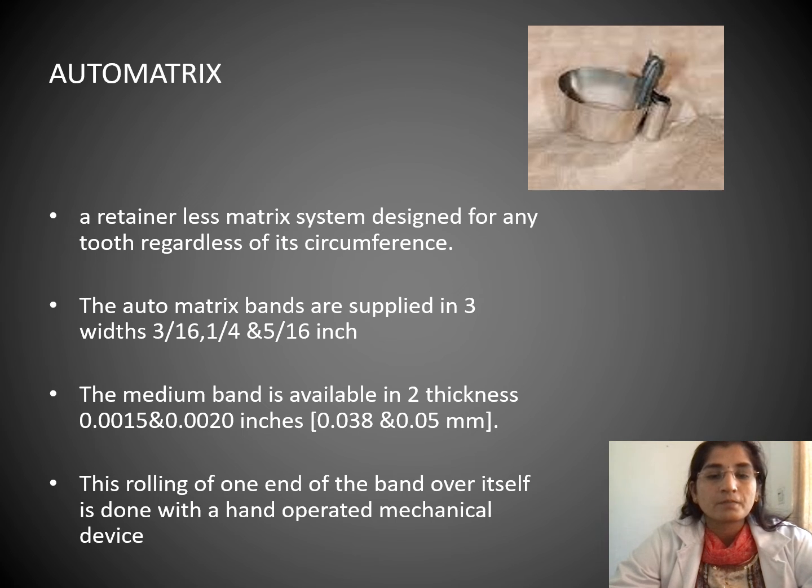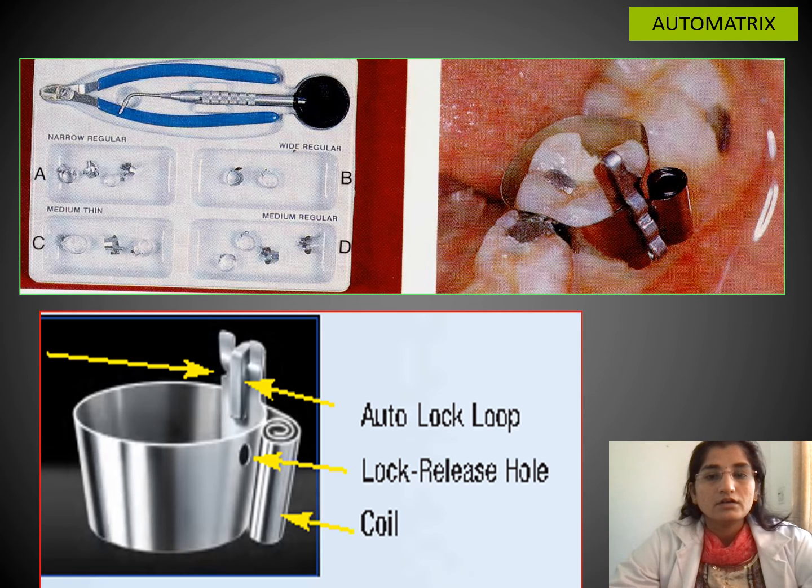The rolling of one end of the band over itself can be done with the help of a hand operated mechanical device. You can see in the picture there is a plier, which is a hand operated device. You can roll one end of the band, and there is also a provision of an auto lock loop. As you adjust the band to the size of the tooth, that auto lock loop can be pressed.